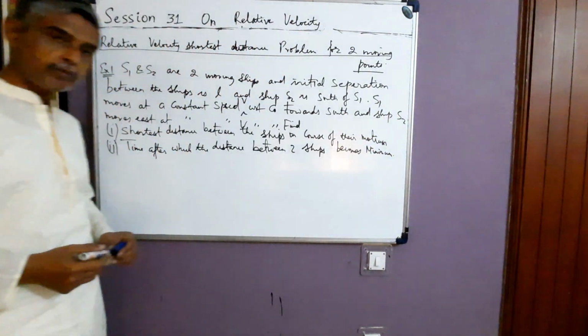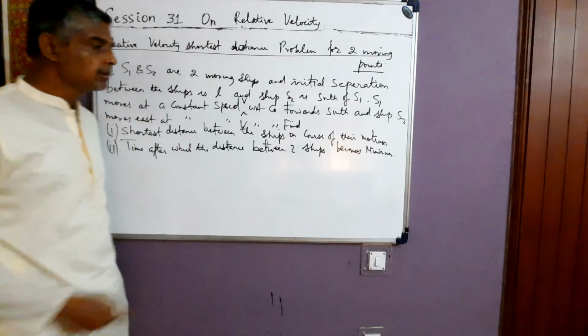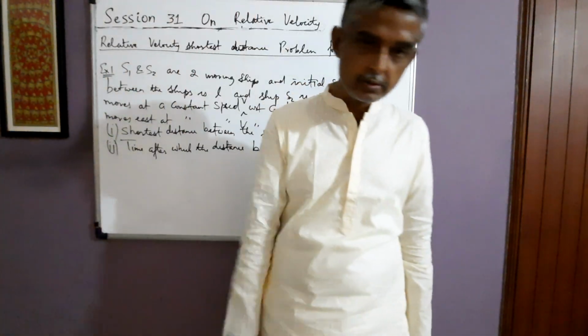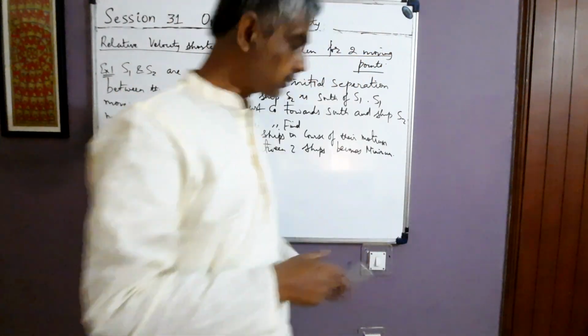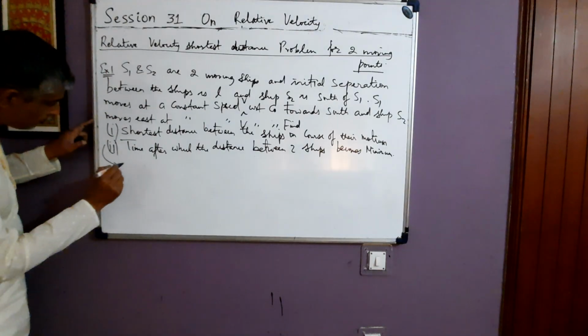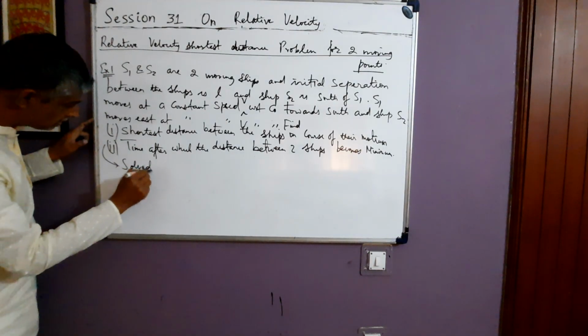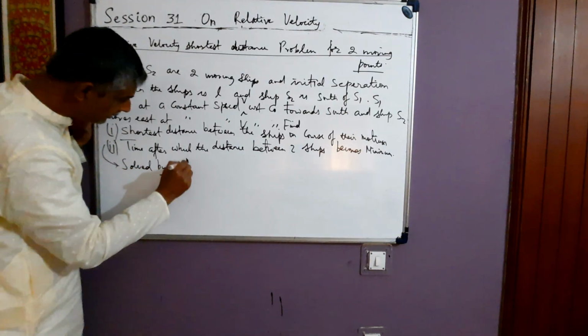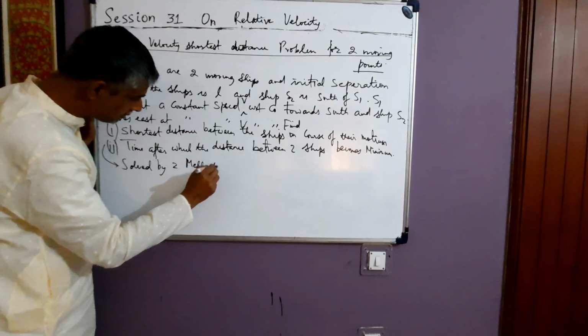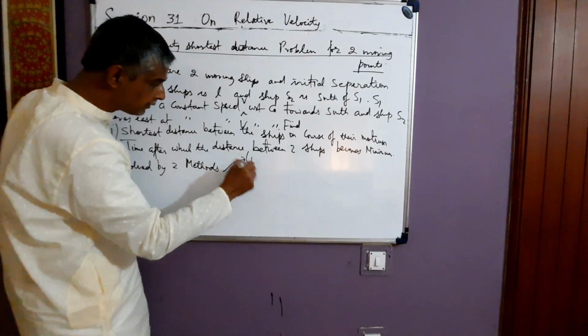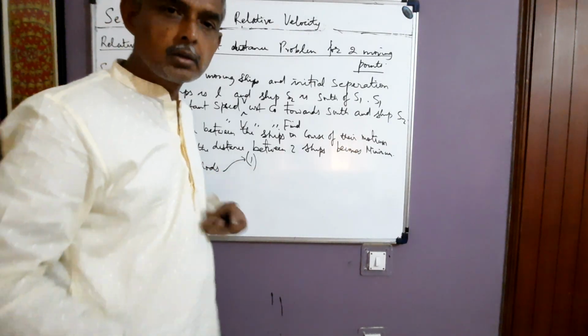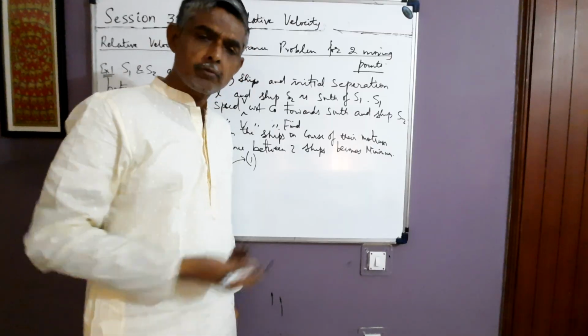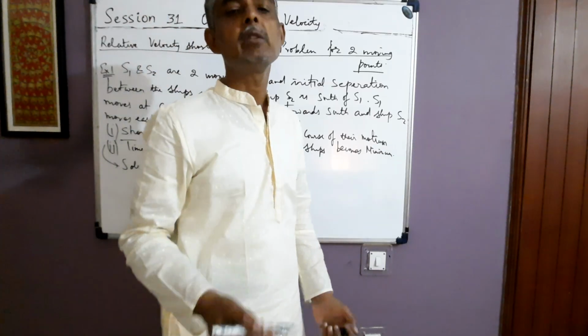This problem we will solve by two different methods. First method is the method of calculus, the conventional maxima-minima concept: when y is a function of x, for y minimum, dy by dx is 0.